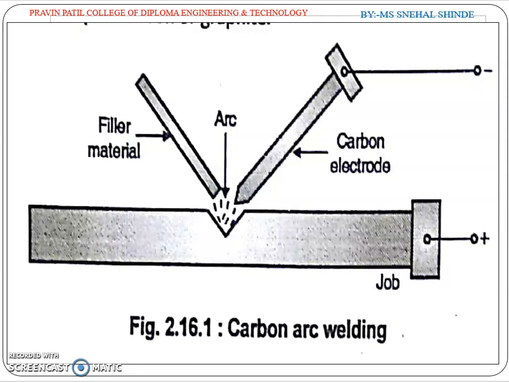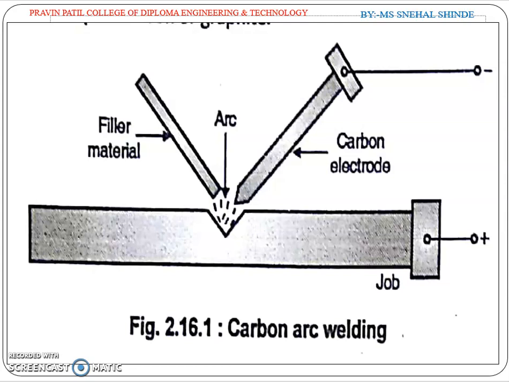the electrode is made positive, then carbon contents may flow into the weld. This will make the welding weak and brittle. The use of AC is not recommended because no fixed polarity can be maintained and the above effect will cause weak and brittle weld.